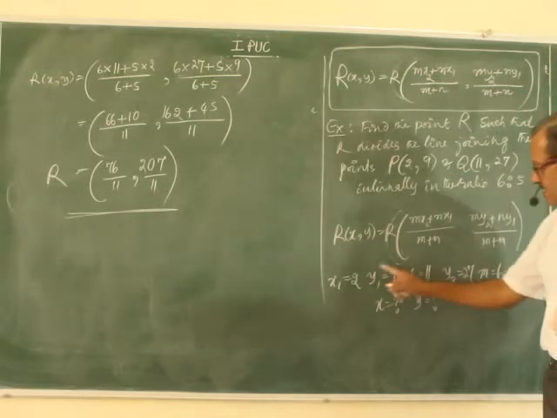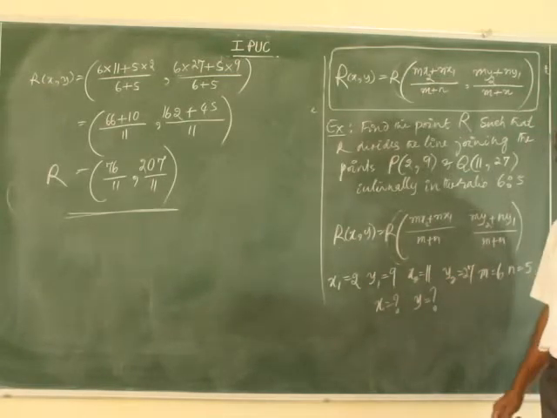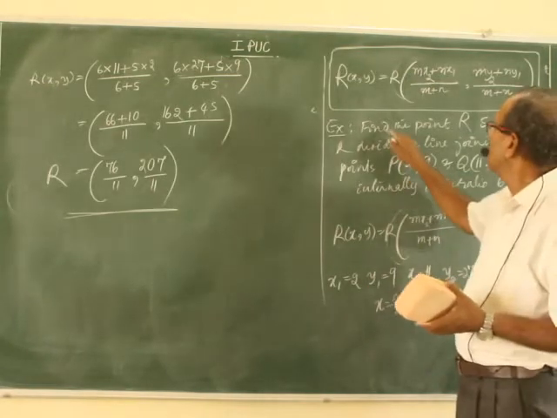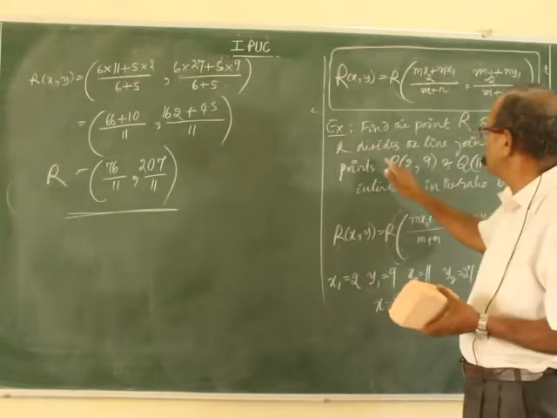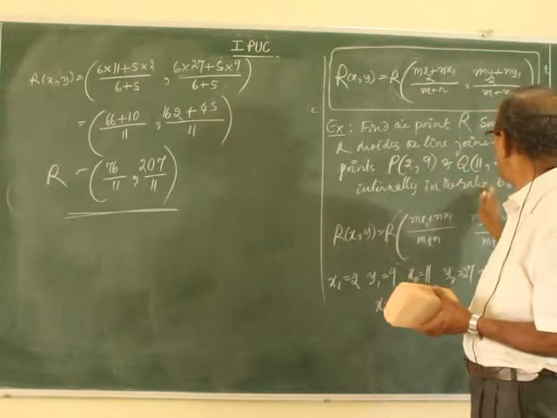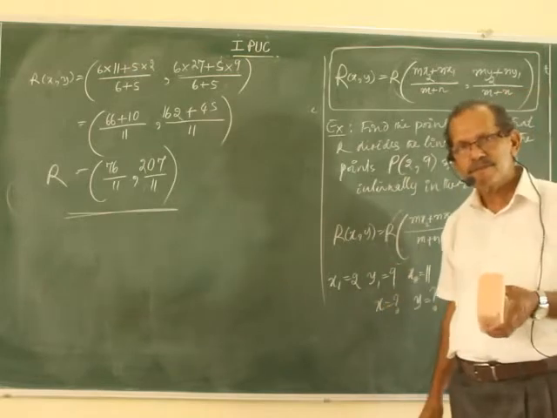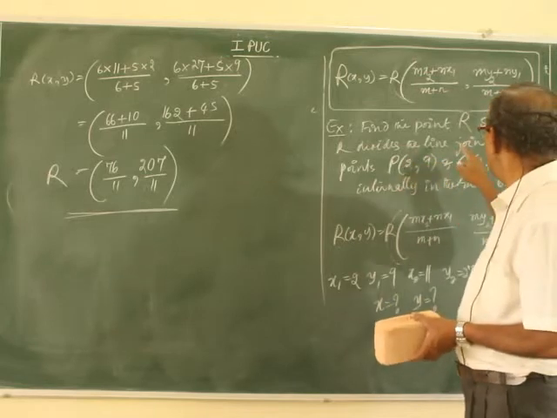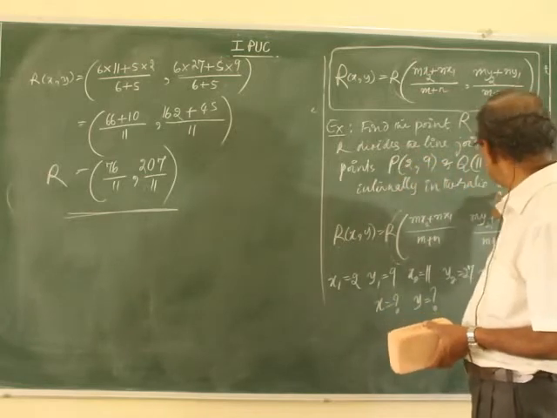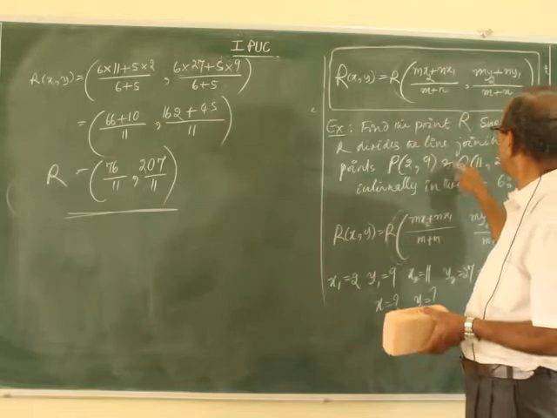Once again, I have listed all these things. Remember, here the question is a direct one. Given the point P, Q and ratio, find R. But remember, given the point P, ratio and R itself, you can find Q also.